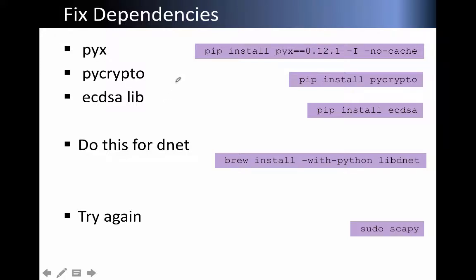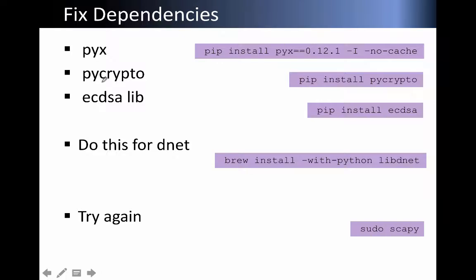All right, so there are a lot of things that you have to do. You have to do pip install pyx==0.12.1 -I --no-cache to install pyx, because pyx is one of the dependencies of Scapy.